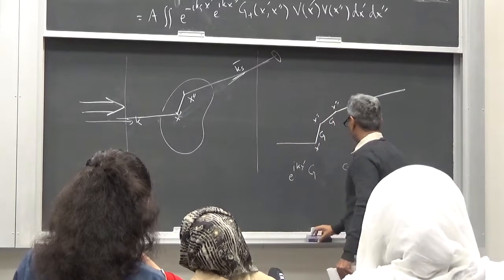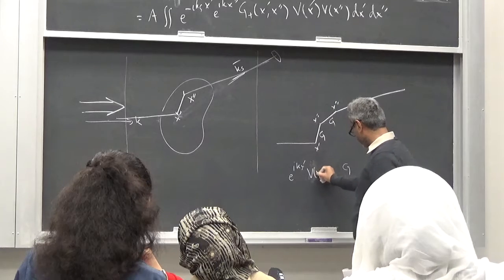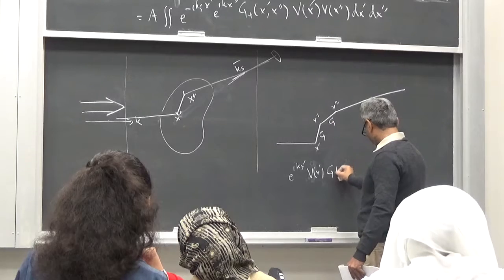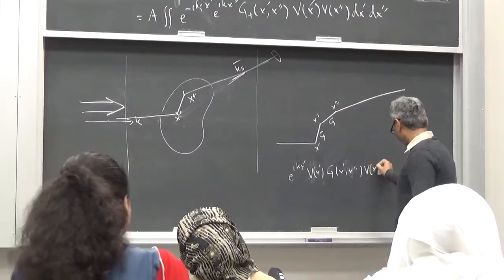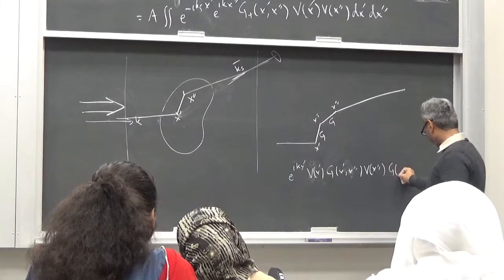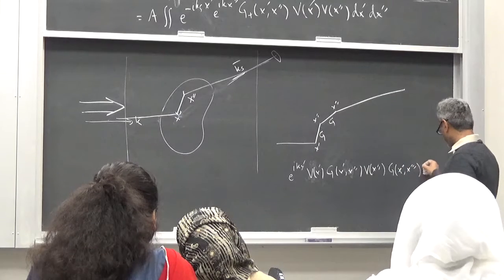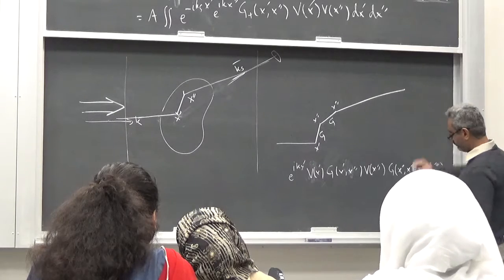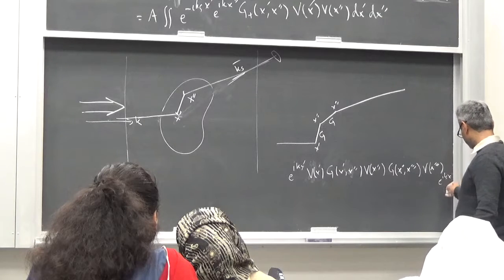You're coming in, then there's a scattering at v x prime, then there's a g that takes you from here to that point, then there's scattering at v double prime, then g takes you from double prime to triple prime, and then there is scattering at v triple prime, and then you're off, e to the i k x.